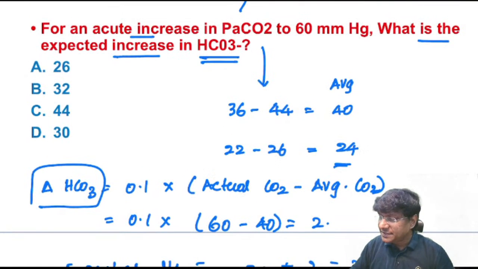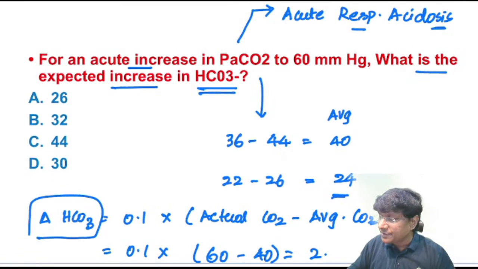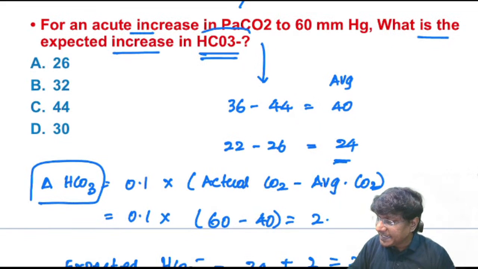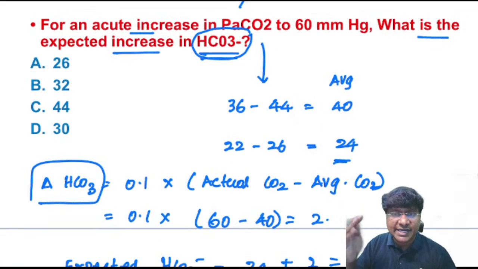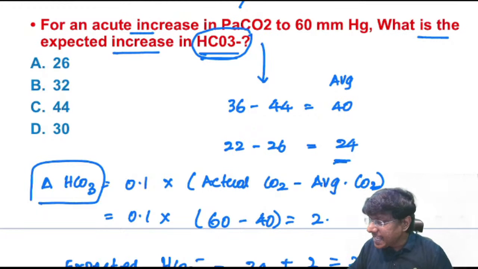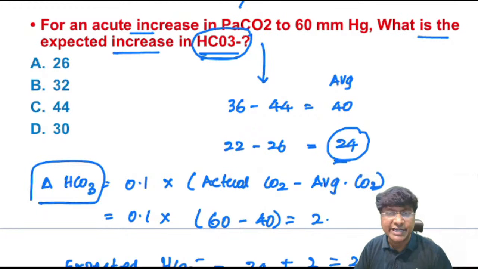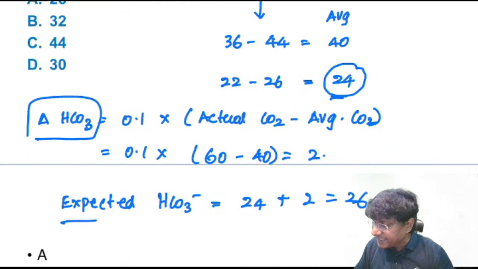Whenever there is an acute increase in your carbon dioxide, we call it acute respiratory acidosis. And whenever there is an acute increase in carbon dioxide, your bicarbonate also should increase acutely. The average value of your bicarbonate is 24, right? So what is the expected bicarbonate increase?